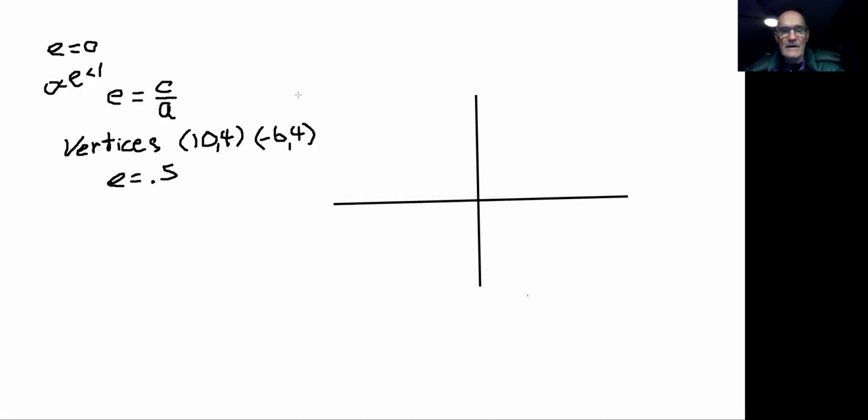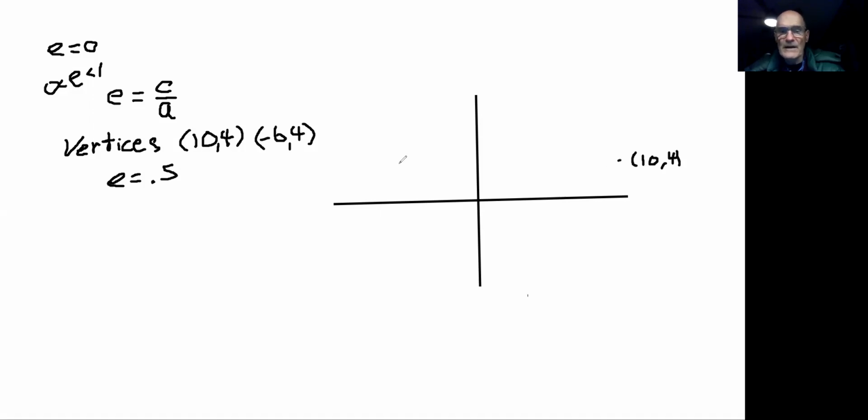So my vertices are at 10 and 4, so I come over here, somewhere about right there. That would be 10 and 4, and that's a little dot right there.